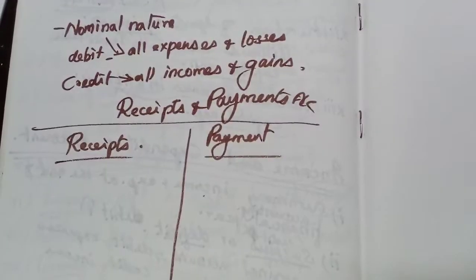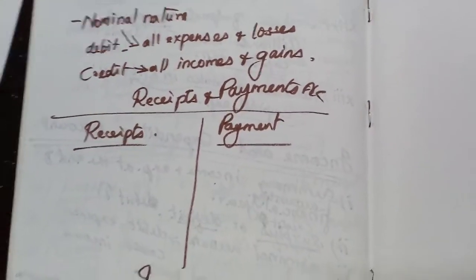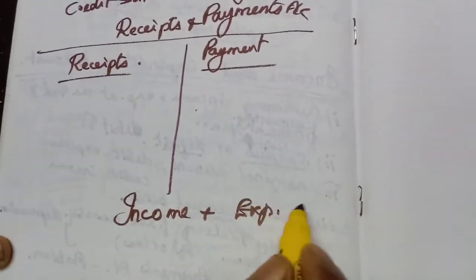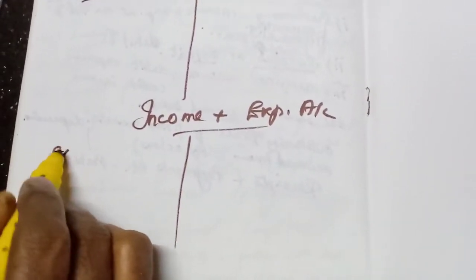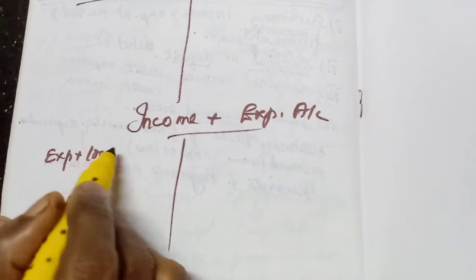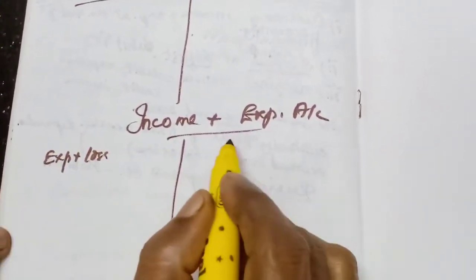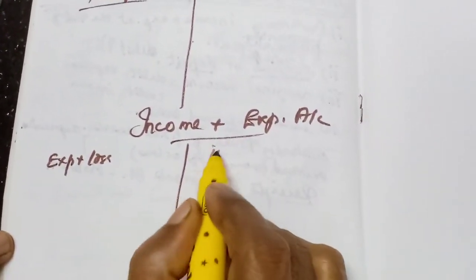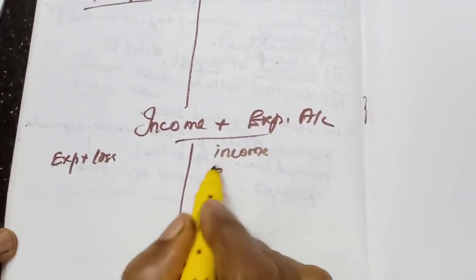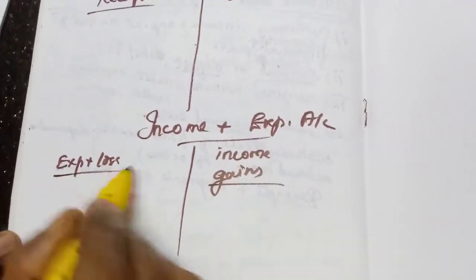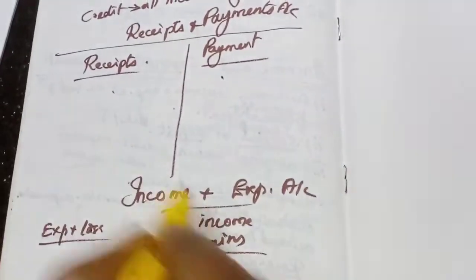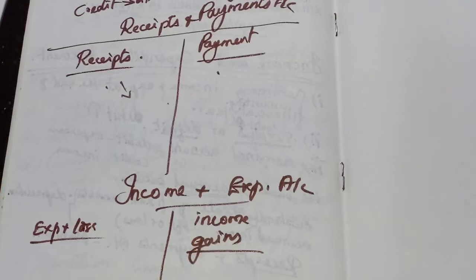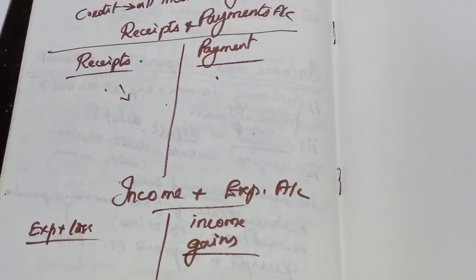But in the income and expenditure account, in short, we debit all expenses and losses, that means the expenditure, and here income and gains. So the payment will be coming here, and this will be coming on this side. The side will be changing.